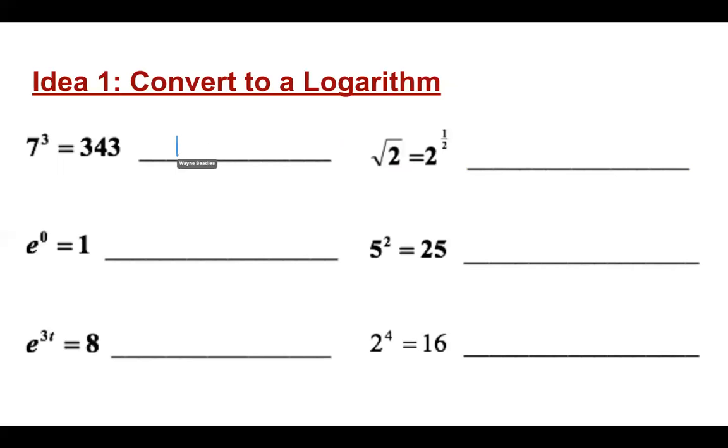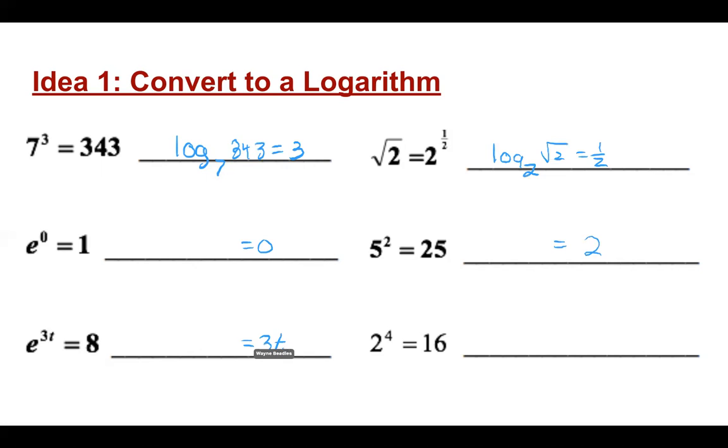So this is going to be log base 7 of 343 is equal to 3. This would be log base 2 of square root of 2 is 1/2. Remember, everything is going to equal the exponent. So this is going to equal 2. This one's going to equal 0. This is going to equal 3t.